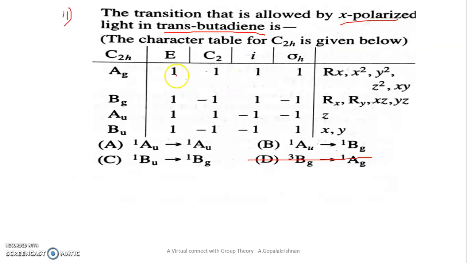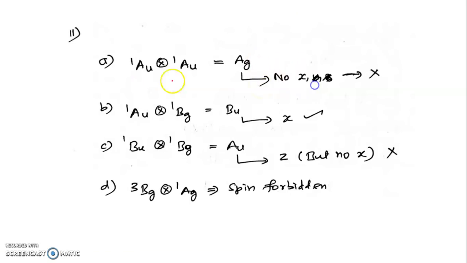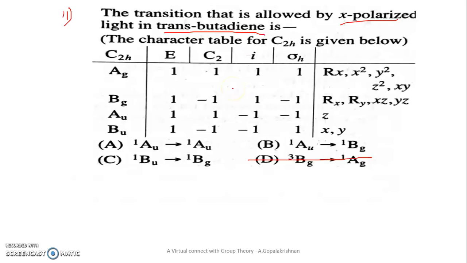So in this point group, Ag is the totally symmetric irreducible representation. So the direct product of Au and Au should be equal to Ag. Now see along Ag in the third column we have Rx, x square, y square, z square, xy, but we don't have x here.